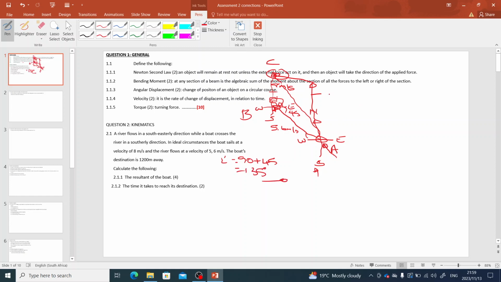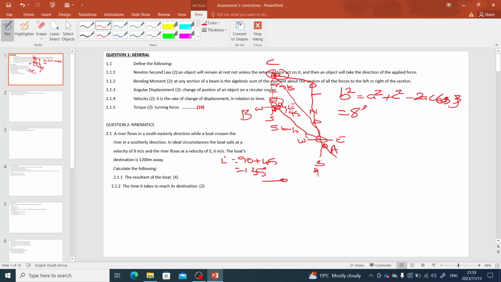Now, by the look of things, this diagram is an oblique triangle. Since it's an oblique triangle, we'll be using the cosine rule. It is b squared equals a squared plus c squared minus 2ac cos beta. Now this is my a, it is opposite to that vector.